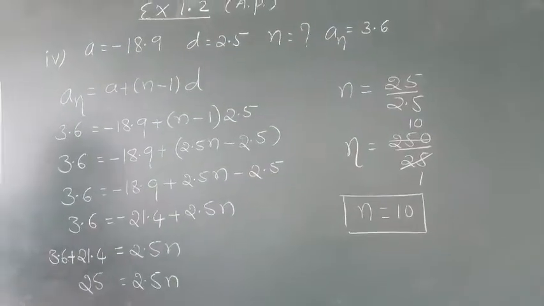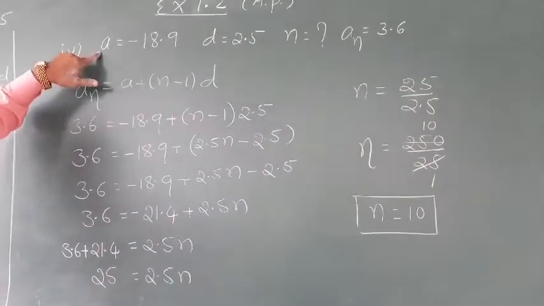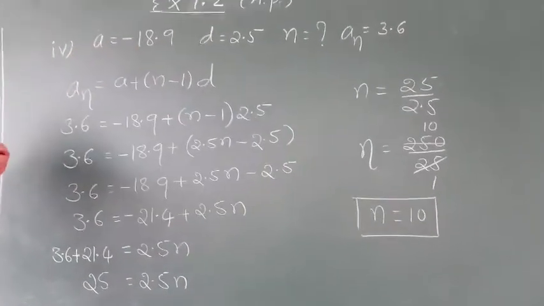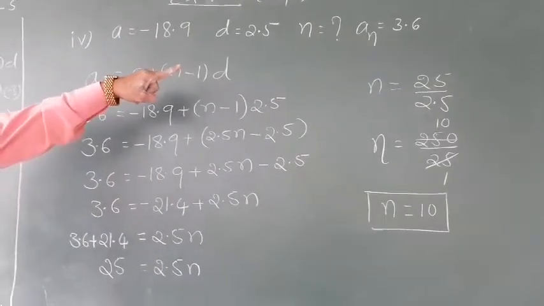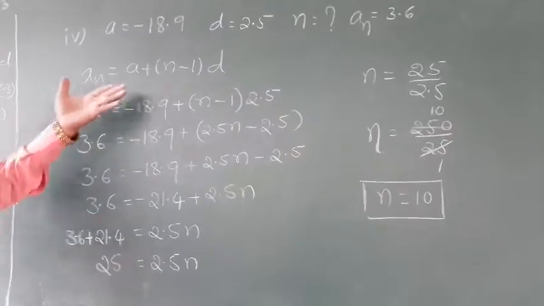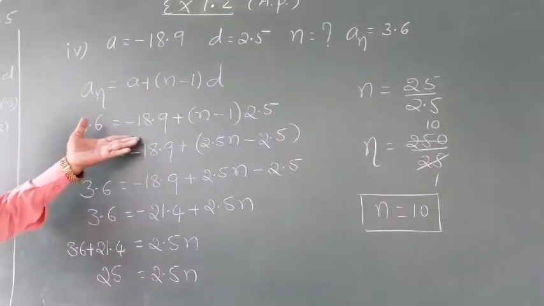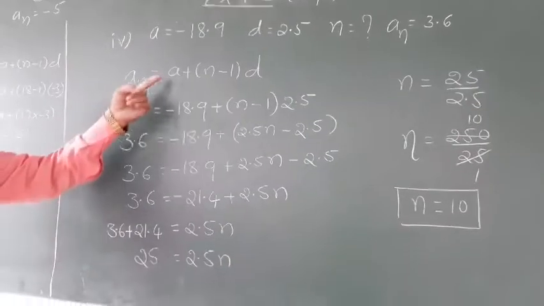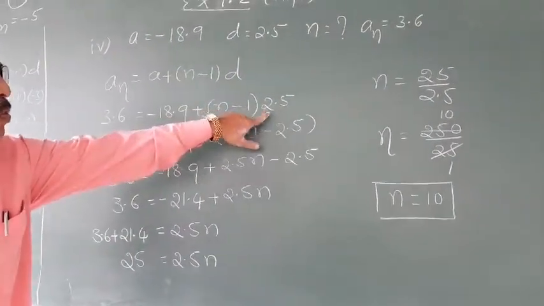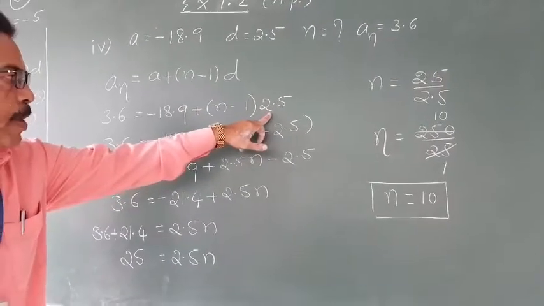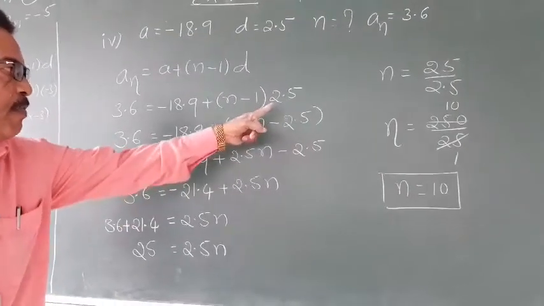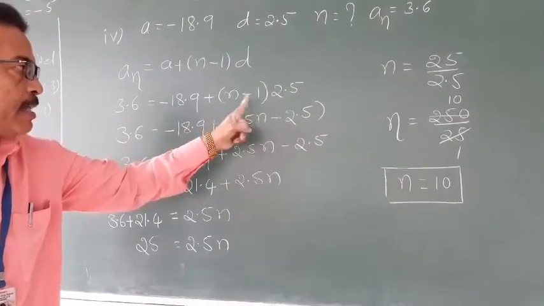See, once again look at the problem. a equals minus 18.9, d equals 2.5, n we have to find, and the nth term is given. After simplification, 3.6 equals minus 18.9 plus (n minus 1) times 2.5. 2.5 has to be multiplied with each term: 2.5 into n, 2.5 n, minus 2.5.